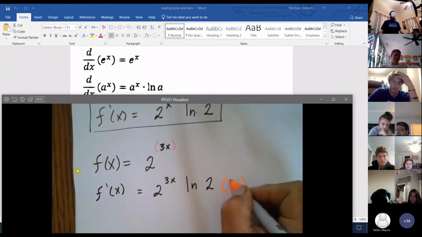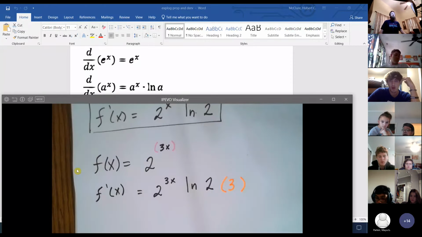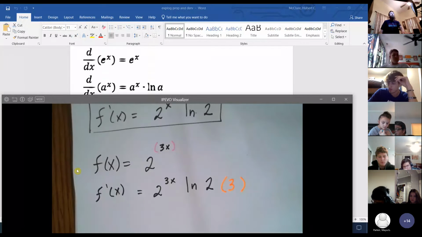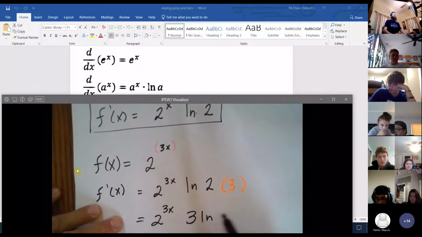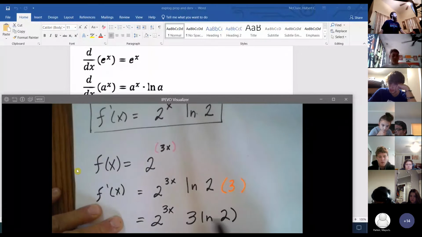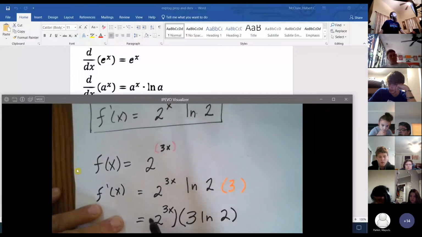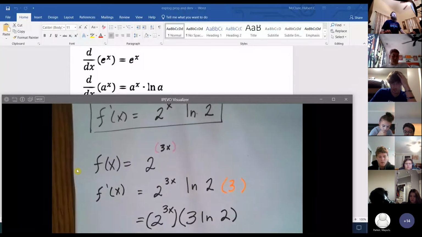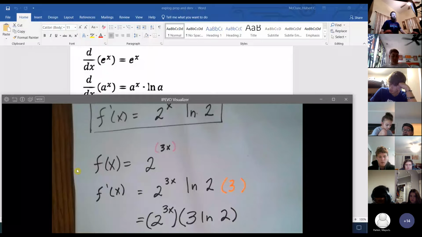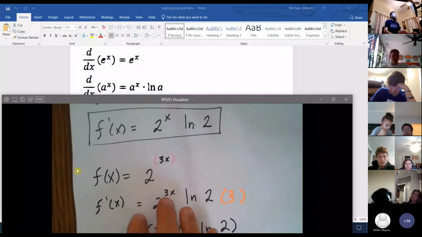So you would rewrite that as 2 to the 3x, 3 natural log of 2. And you need to put parentheses around it, or you can put a dot here, whichever one you want to do.